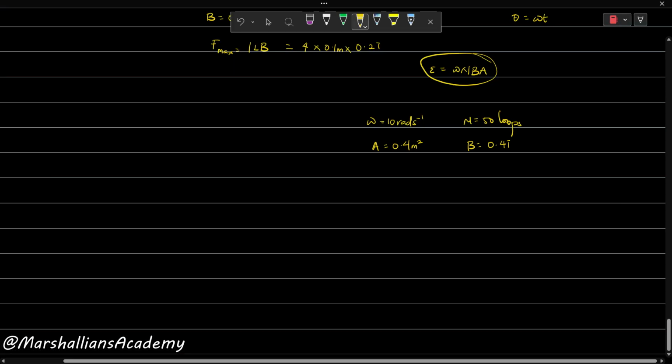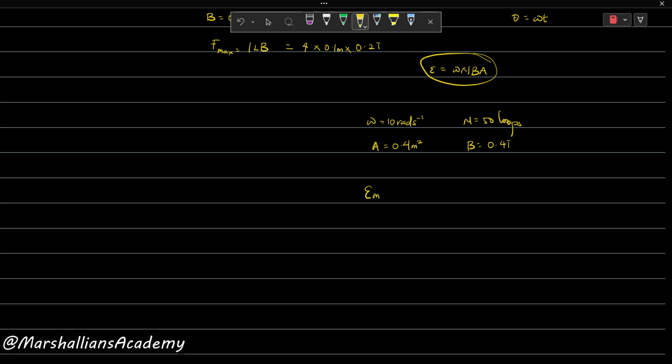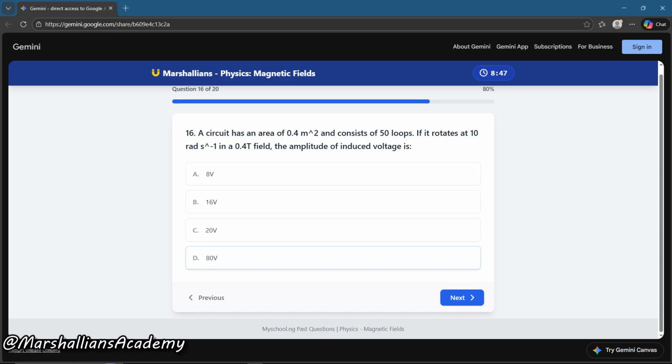So the amplitude of induced voltage is the same thing as saying E max. E max is equal to omega NBA sine 90, which is basically omega NBA, which equals 10 times 50 loops times 0.4 times 0.4. If you press your calculator, what do we have? I have 80 volts. Yeah, that's option D.